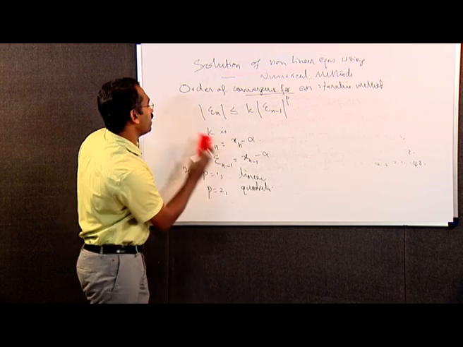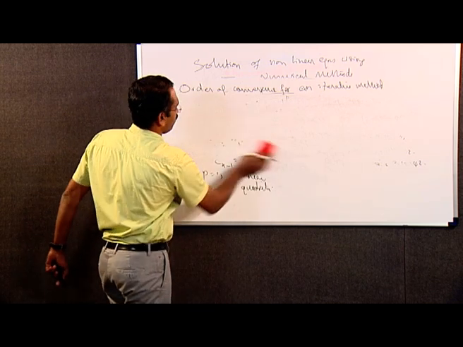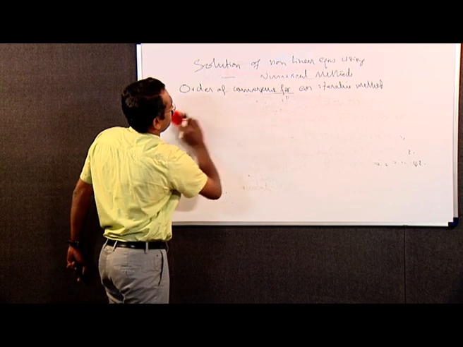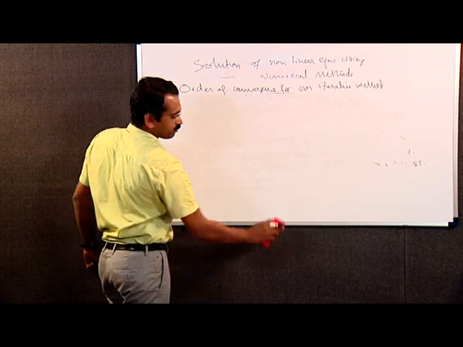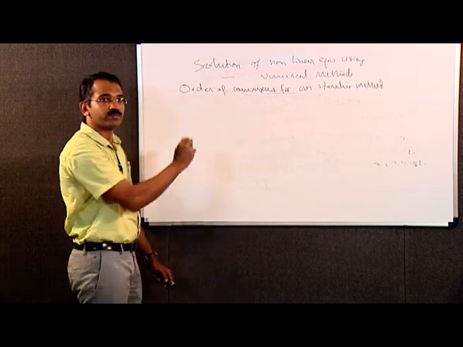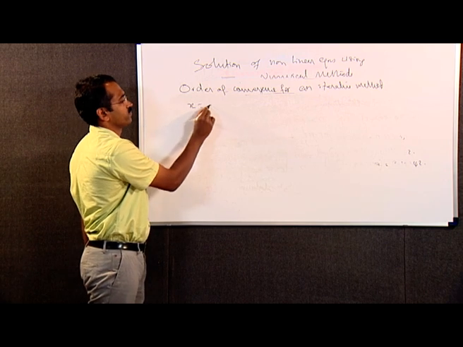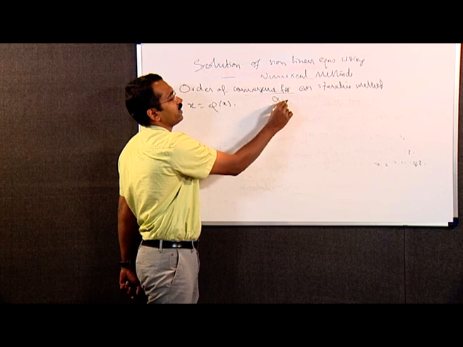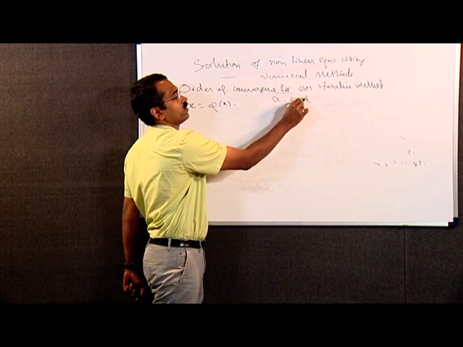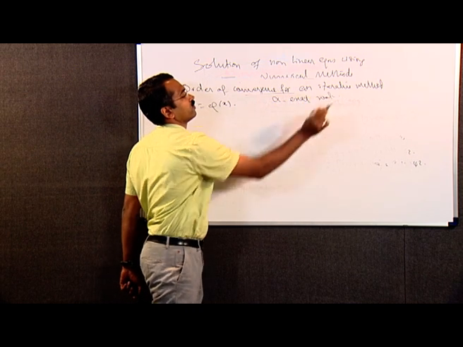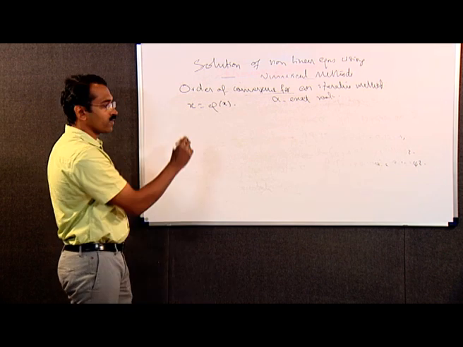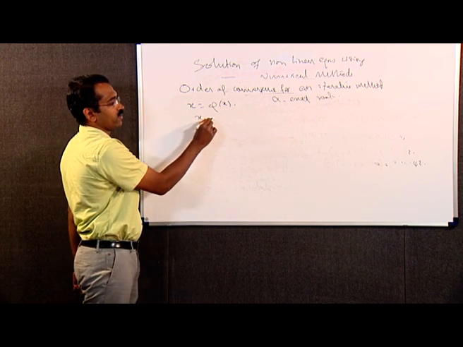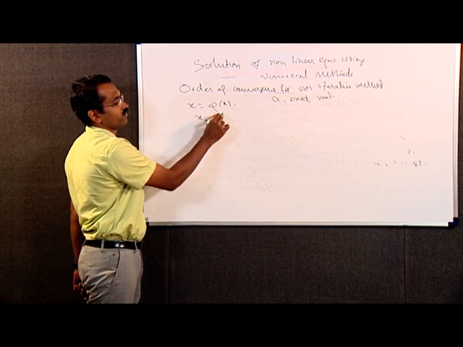For the fixed point iteration, we have x equal to phi of x. Let alpha be the exact root.